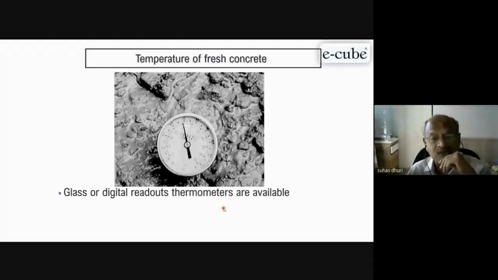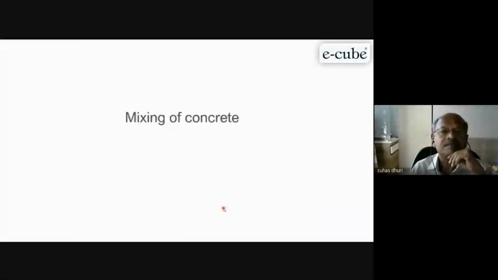Now digital ones are also available, but one has to remember that it has to be calibrated with a standard calibration agency, and only then can we use those thermometers. Whatever is available in the market, don't use directly unless it carries the calibration certificate. So this is temperature.